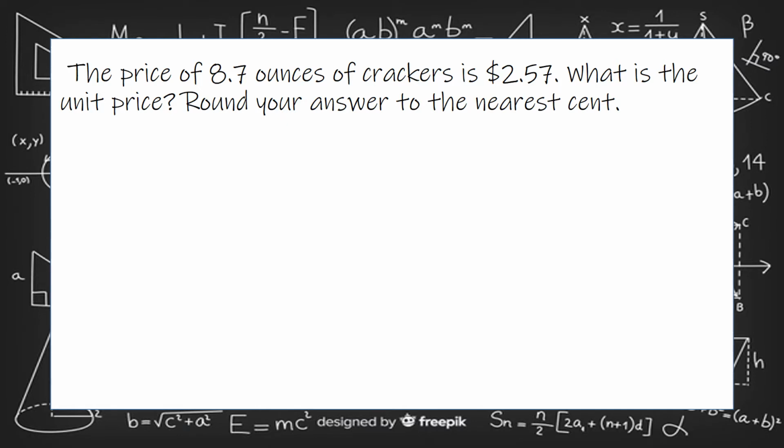The price of 8 7/10 ounces of crackers is $2.57. What is the unit price? So the unit price is the price per ounce, and "per" always means divide. So I'm going to take the price they gave us and put it over the ounces they gave us.